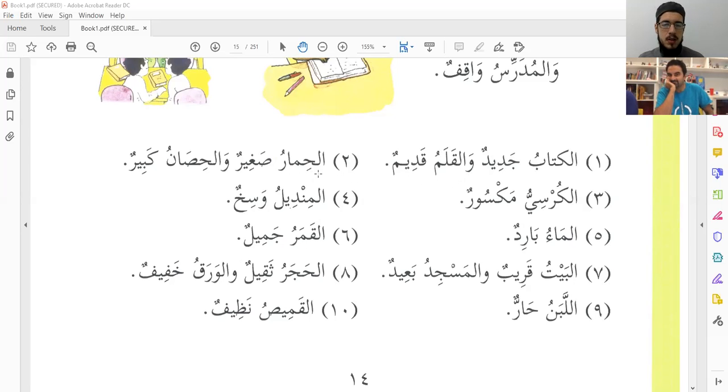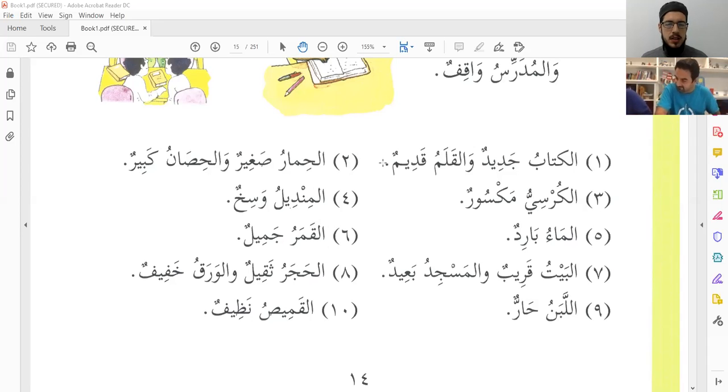Syra, while we're in your screen, can you read the second exercise? Al-himaru saghirun. Good. Wal-hisanu kabirun. Excellent work. Good job.